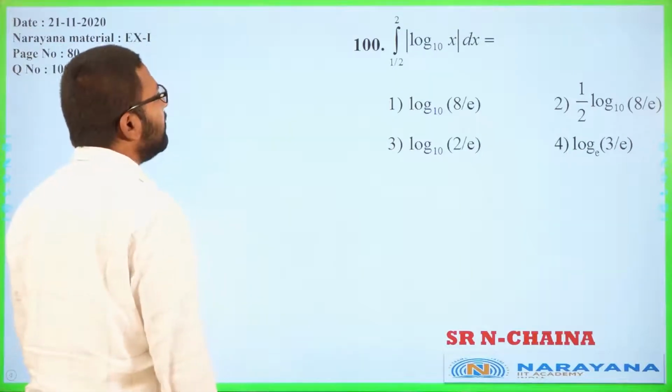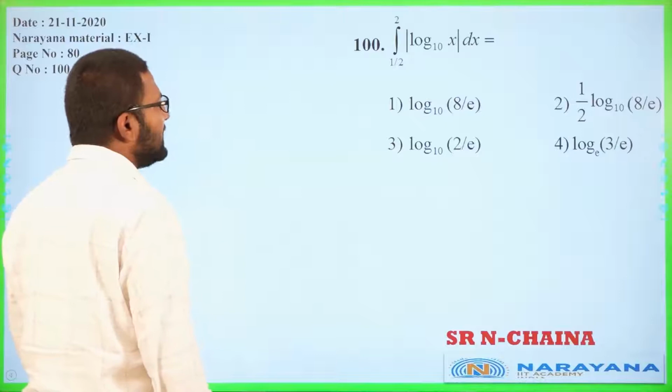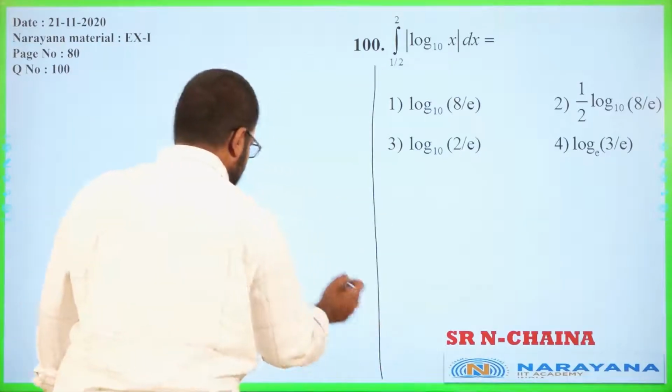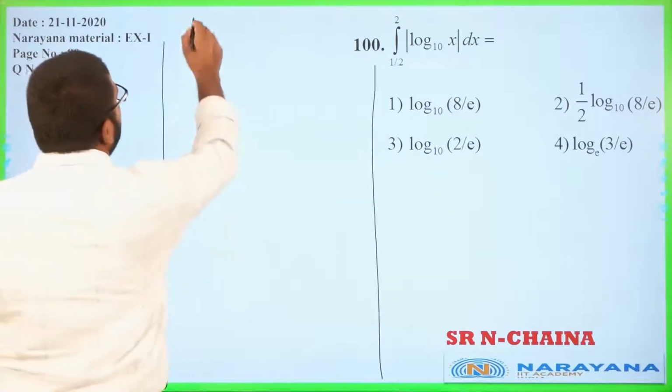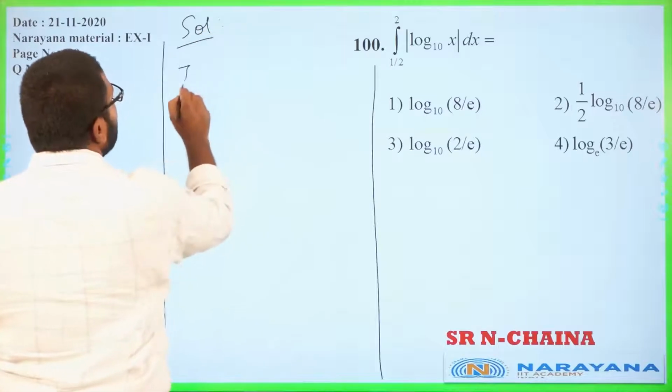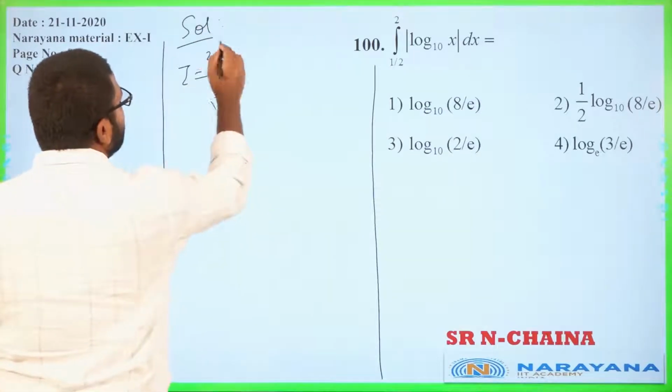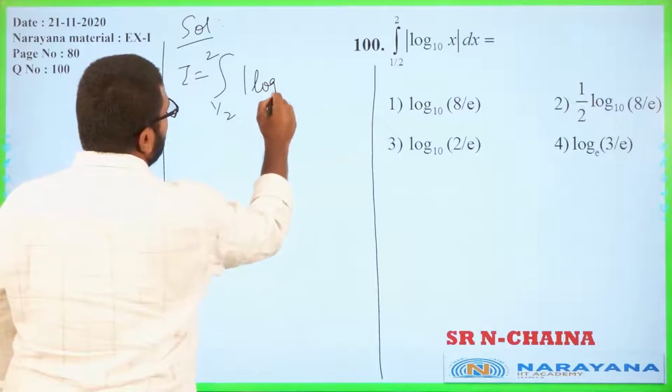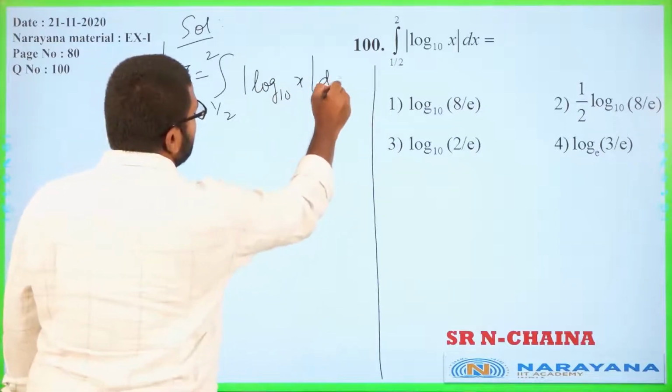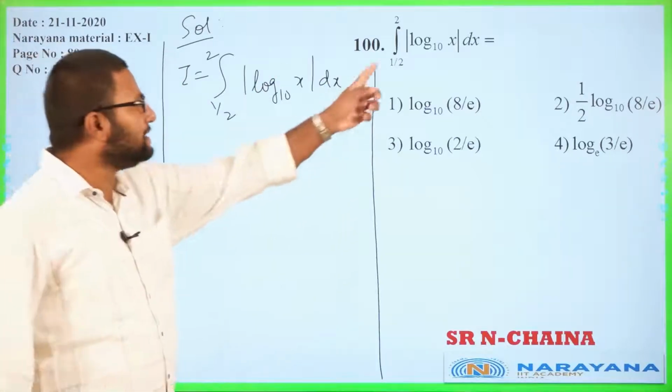Integral half to 2 of mod of log x to the base 10 dx. Alright, interesting question. I is equal to integral half to 2 mod log x to the base 10 dx. First observation, the base is 10.